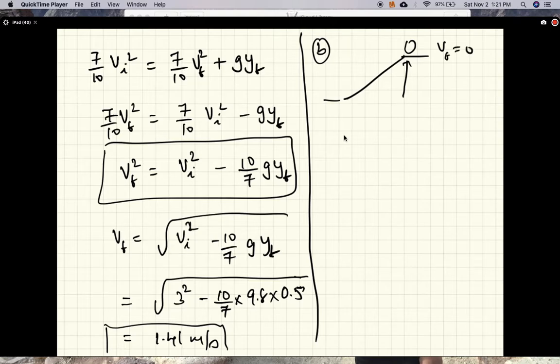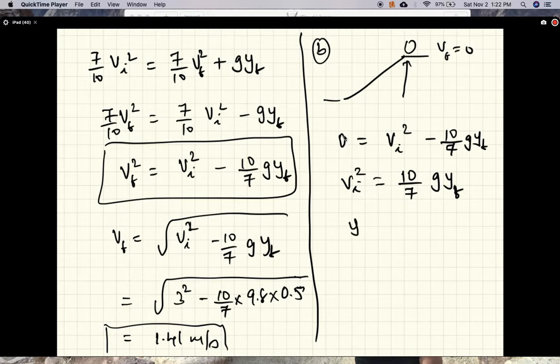So we're going to substitute that. 0 equals v i squared minus 10/7 g y final, so v initial squared equals 10/7 g y. So this would be the highest ramp it'll climb. So y final is 7/10 v initial squared divided by g.